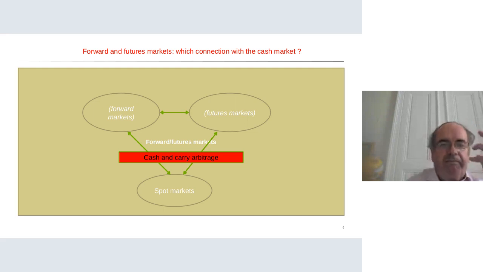And normally, at equilibrium, we will see that the forward price has to be equal to the spot price plus cost of financing plus cost of storing.